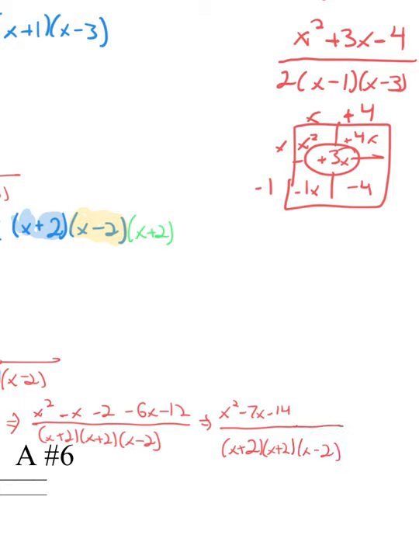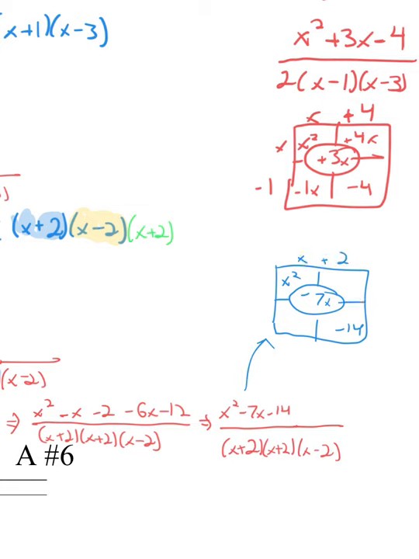And now, because I see x squared minus 7x minus 14, I do want to double check that numerator. And I want to see if I can get either an x plus 2 or an x minus 2 to factor out of this.